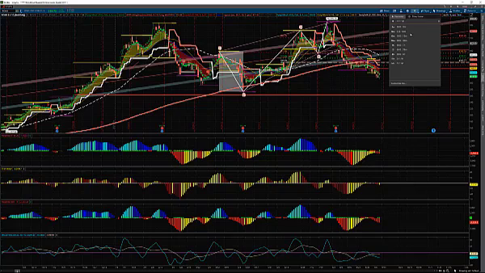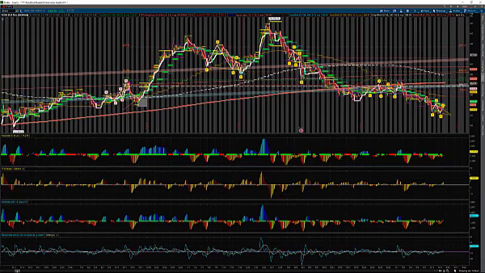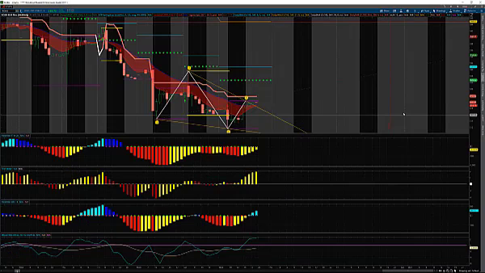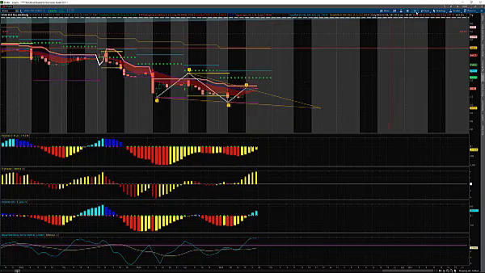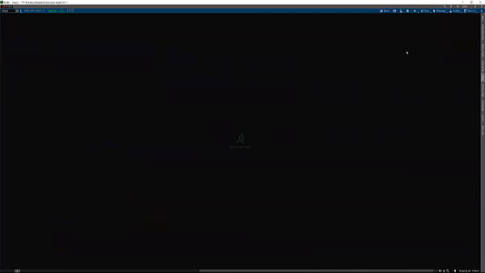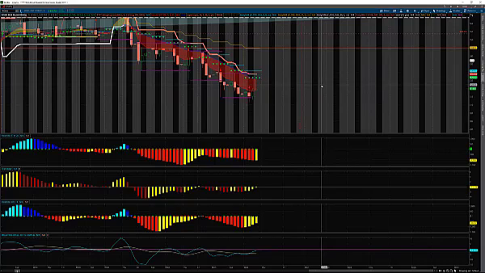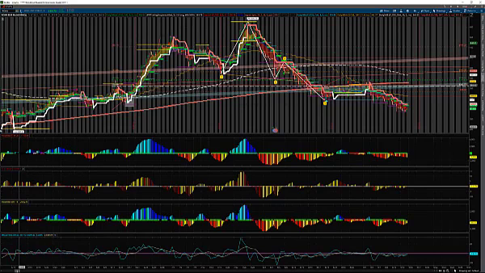I think we also have a 70-minute wolf wave here, I believe. Okay, it was there. Probably changed. Let's see if I can find it on this other chart here.